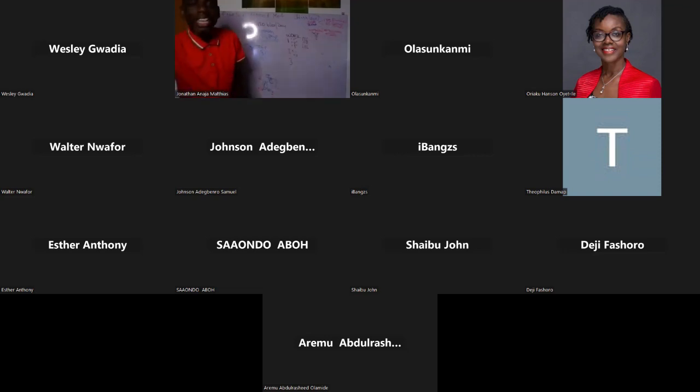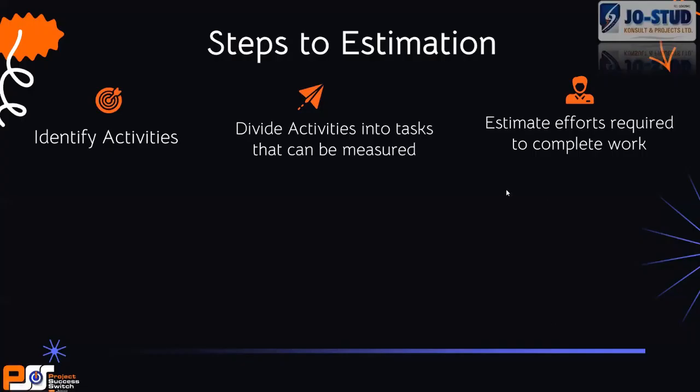The idea is to get to the simplest form, where you can easily estimate, right? So you must divide activities into tasks that can be measured. If it cannot be accurately measured, please divide it further. If it still cannot be measured, keep dividing.